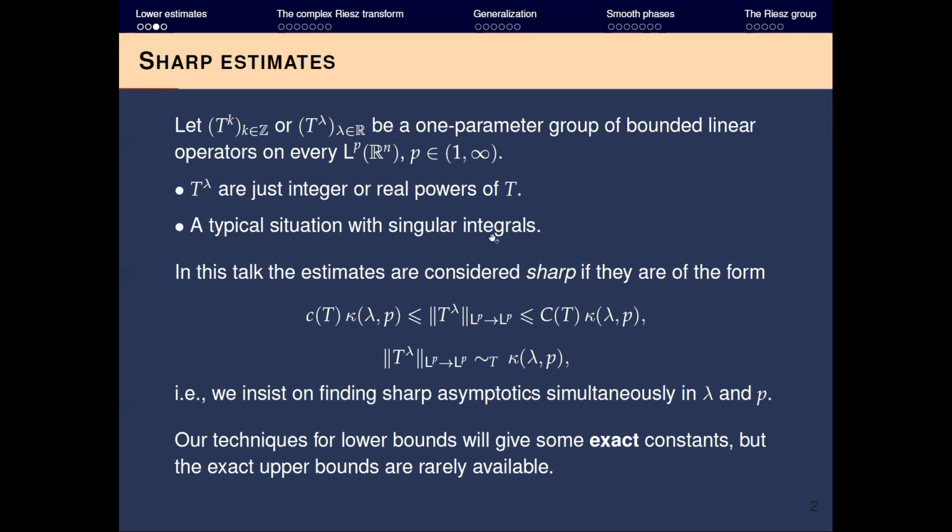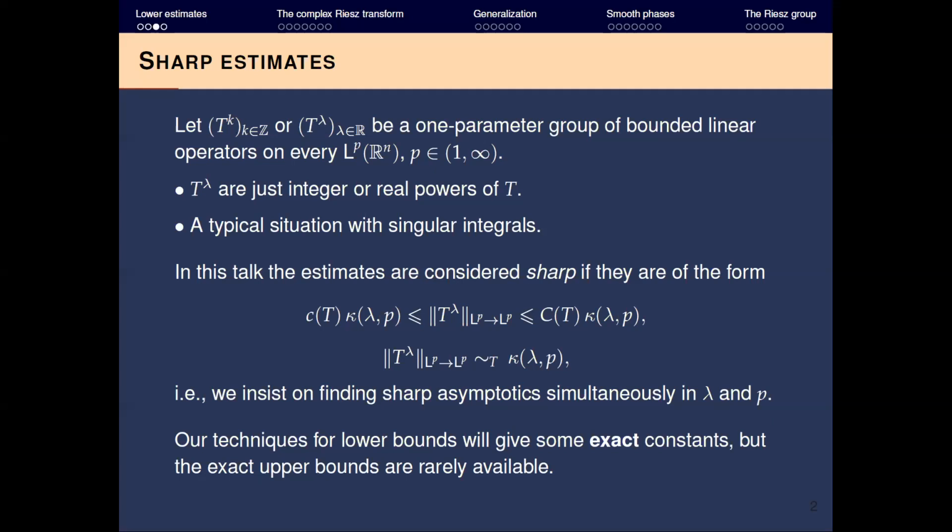A typical situation is with singular integrals, right? The whole Calderón-Zygmund theory that has been developed since the 1960s is of that kind. You know from this very general and rich theory that many operators immediately and quite automatically extend from L2 to all LP spaces for P strictly greater than 1.